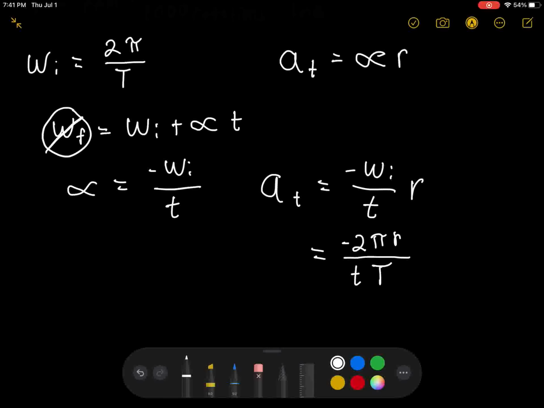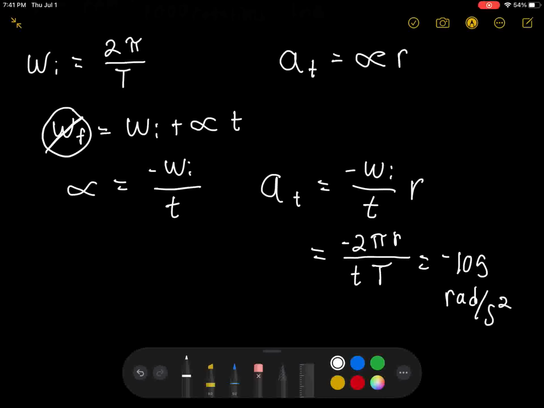And once we do all of these calculations, if you just want to make sure for yourself, we would get negative 105 radians per second squared. And it's a negative sign because it is decelerating.